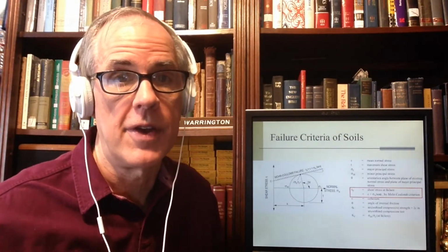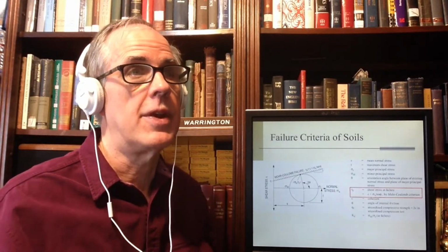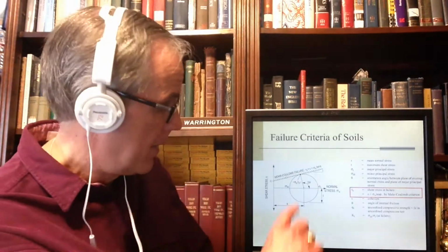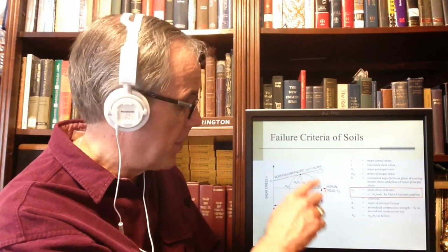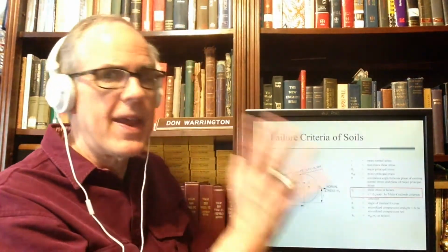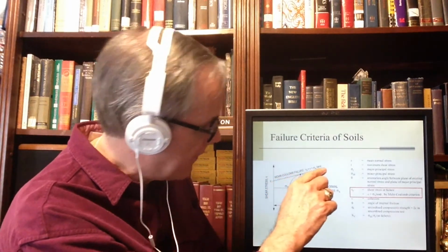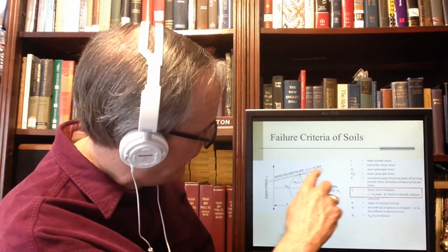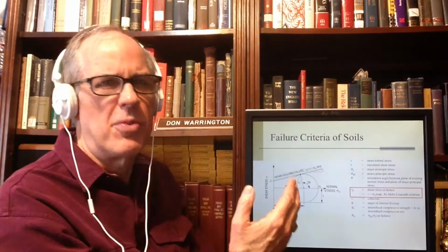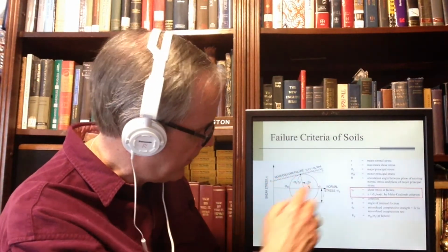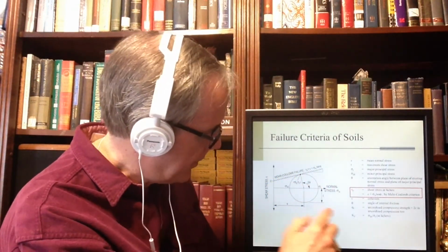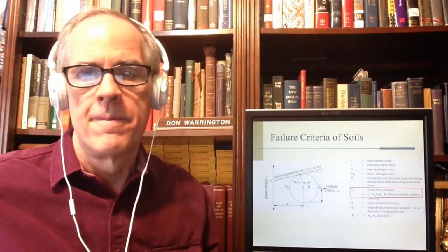you have catastrophic failure, which we'll talk about when we get to slope stability and lateral earth pressures. But you get to the point where it's big enough. That big enough is defined by whether this circle crosses this line, which of course is defined by the Mohr-Coulomb failure. And traditionally we refer to this as the Mohr-Coulomb failure envelope, because not only can it be defined this way, it can be defined this way too.